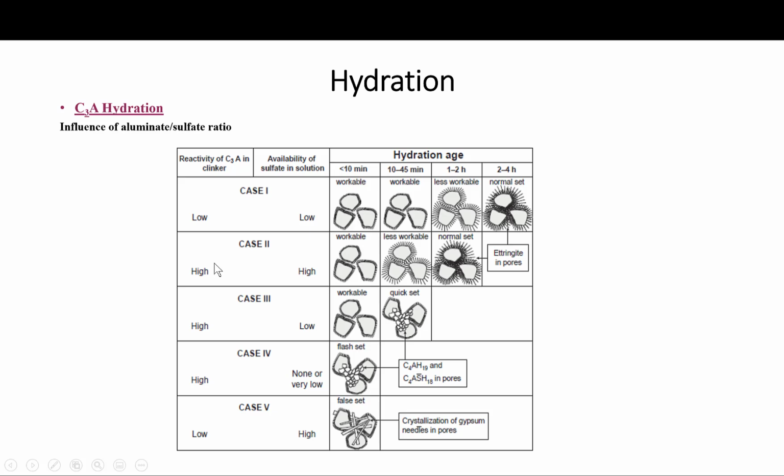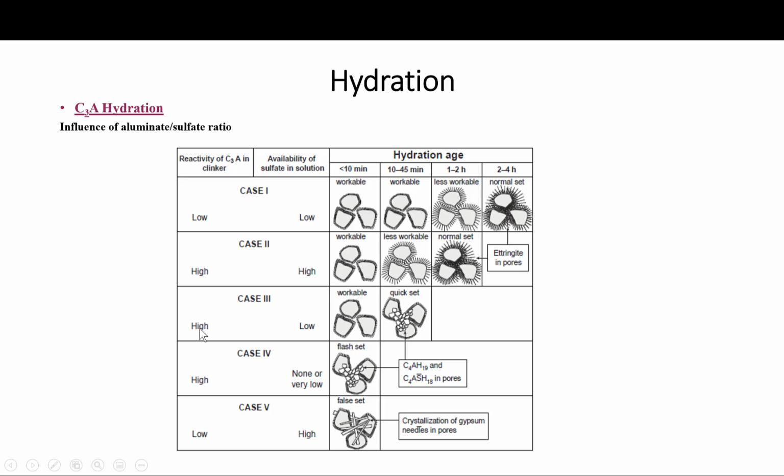Case 2, we have high reactivity of the C3A in the clinker, and we have a high supply of sulfate. Again, the cement is workable for about 10 minutes, and 10 to 45 minutes less workable, because we will start getting the formation of ettringite.